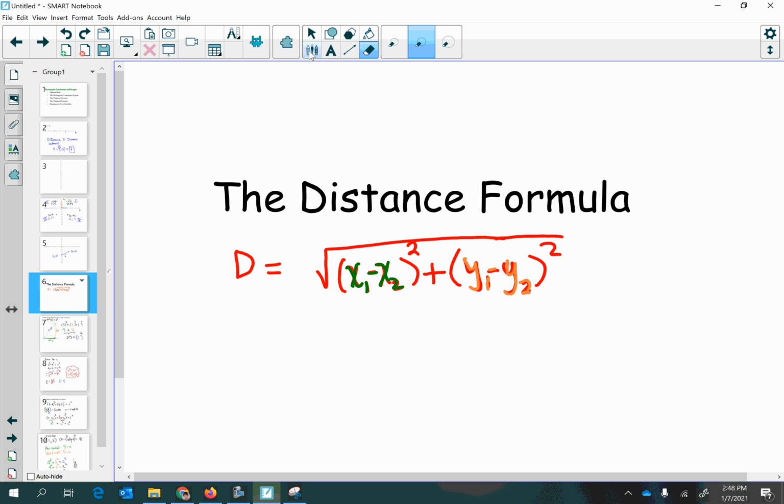The distance formula, notice you subtract the x's, so you get that horizontal distance, and you subtract the y's and you get that vertical distance. And then you do a bunch of other stuff, and we're going to talk about why it makes sense that we do that other stuff. But it's important for you to just make the connection right now with the word distance and the fact that you are subtracting the x's from each other and subtracting the y's from each other.